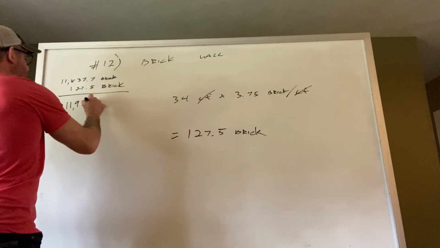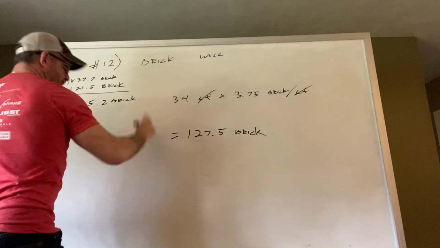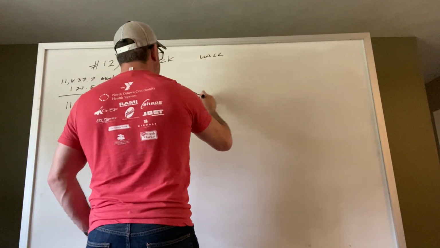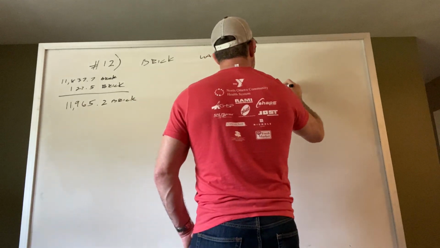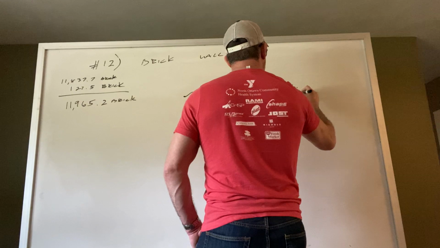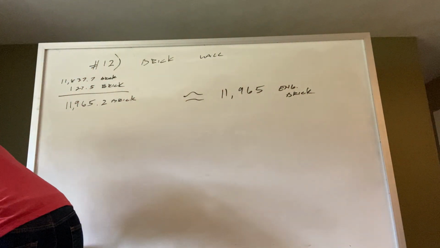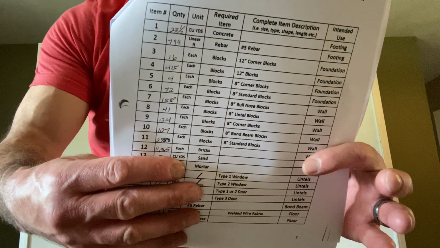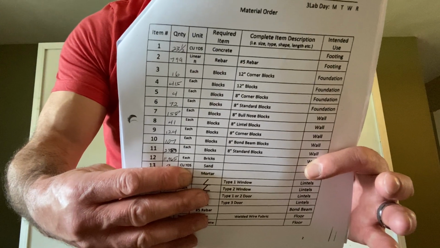I've got 11,965.2 brick, and we are going to make that, again, I could round either way, but we'll say that we have 11,965 engineered brick for our wall. So I'm going to finally add that, or put that on my list, and everybody can see we've got 11,965 brick for my exterior wall.